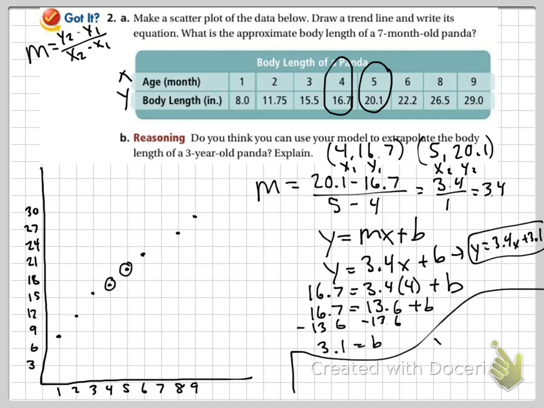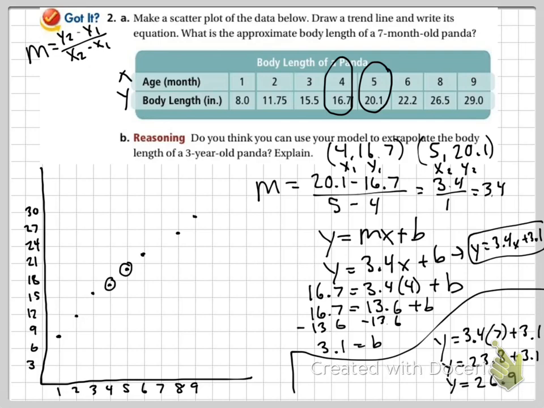So y is equal to 3.4, I'm going to plug in 7 for x, plus 3.1. So 3.4 times 7, that's 23.8 plus 3.1, and when we add 3.1, we get that y is equal to 26.9.